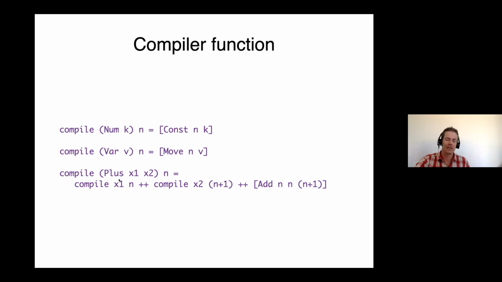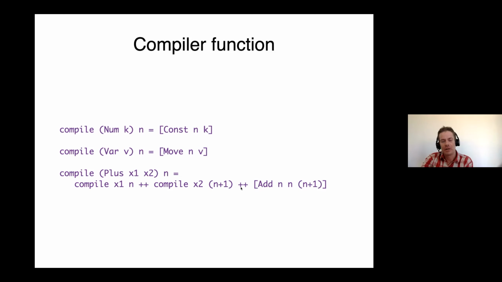Okay, plus is clearly the most interesting one. So here we have a recursive construction. So x1 and then x2 have to be added together, and the result should come out in n. So we can compile expression x1 and have the result go into n. And then we can compile x2 and have the result go into n plus 1, the register name n plus 1.